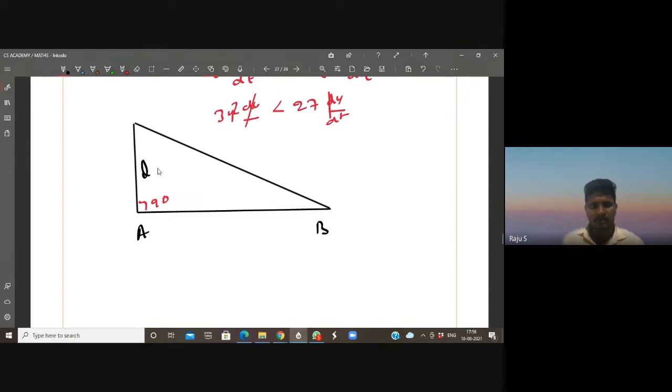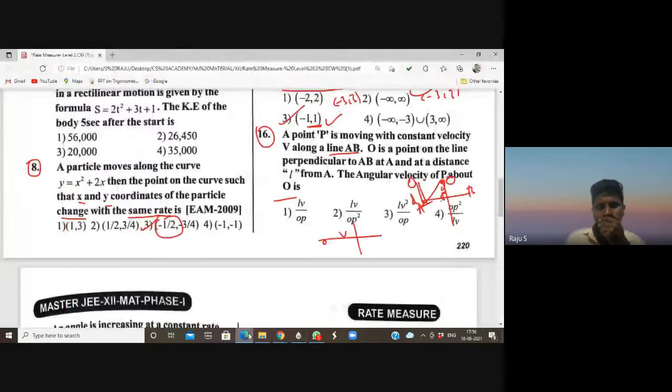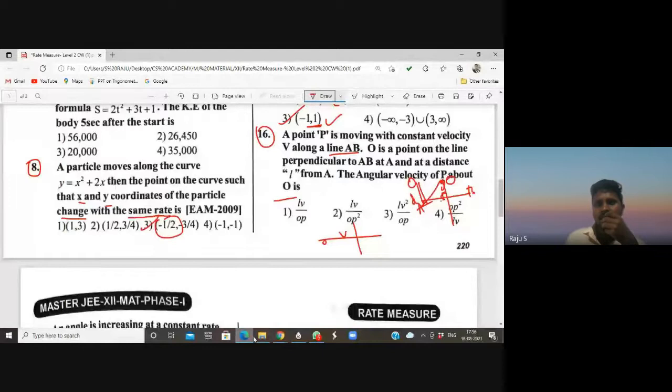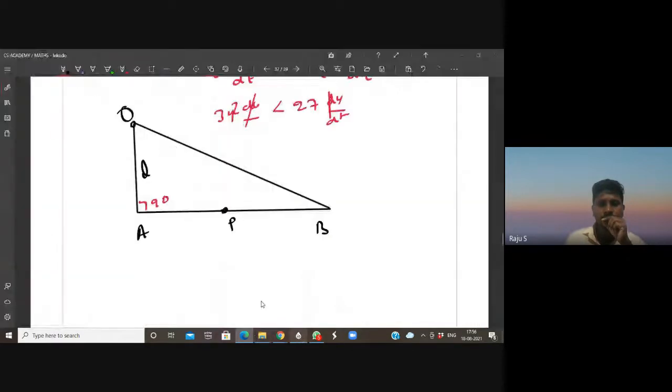The distance they have given is L here. So P is a particle. The question is the angular velocity of P about O.